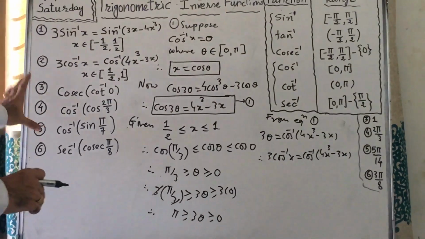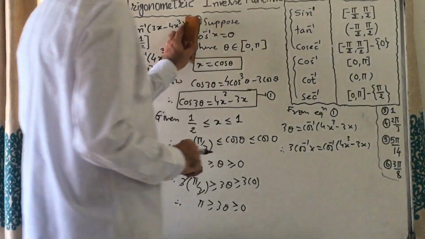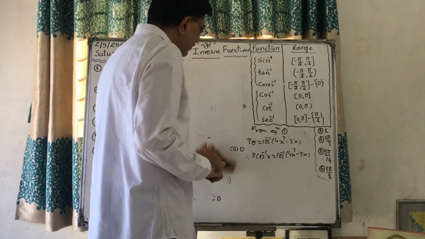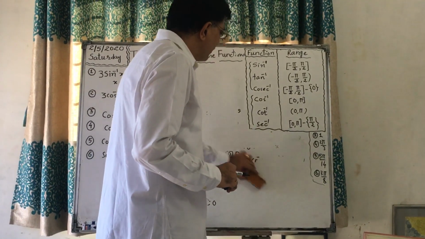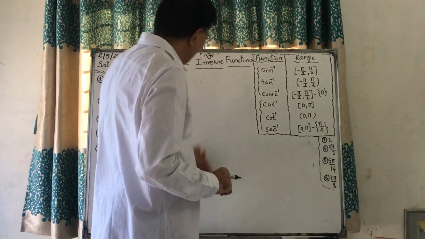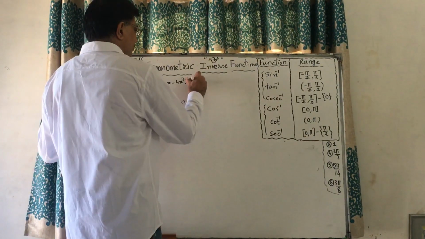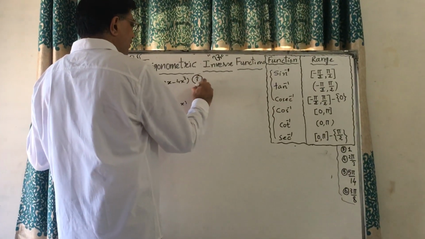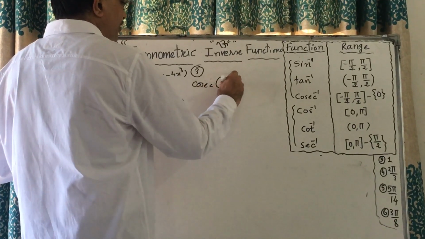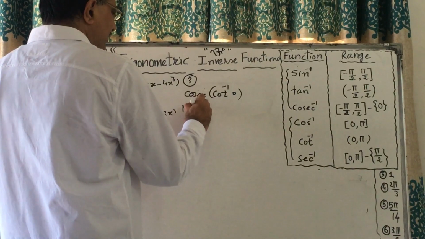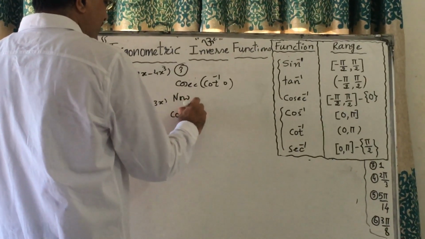Now we will find the values of these 4 remaining problems. Keep in mind the ranges of the inverse functions. Now this third, cosec of cot inverse of 0. We know, what is cot pi by 2 actually?